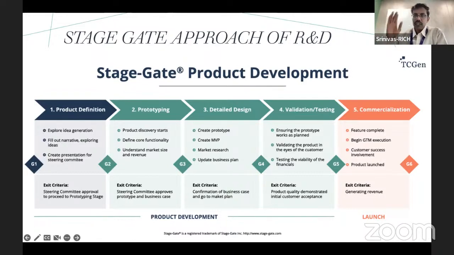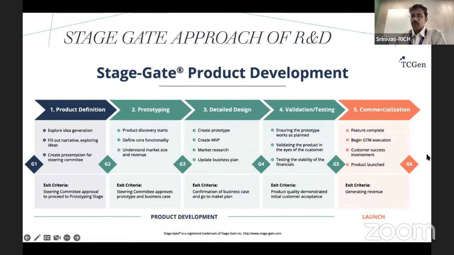which is taking the product, mass manufacturing the product, and then putting it on the shelf. Further, once it is on the shelf, there's a gate 6, which is the launch gate. But there are also gates beyond that.